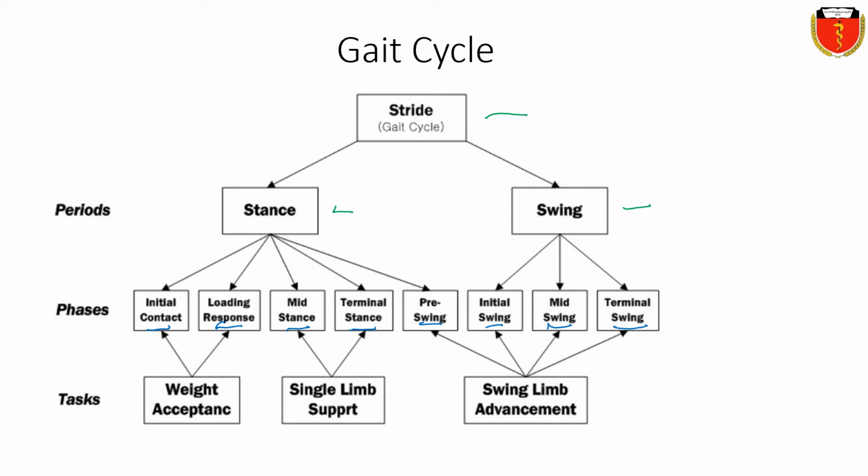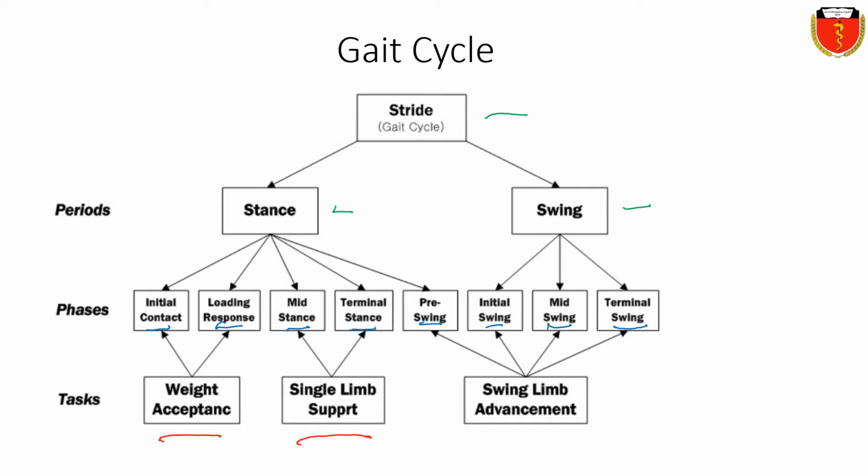The main task for each phase of gait, as in this slide: the initial contact and loading response are mainly used for weight acceptance, and then mid stance and terminal stance are used for single limb support, which means only one leg is touching the ground and all the weight is supported by that one leg.